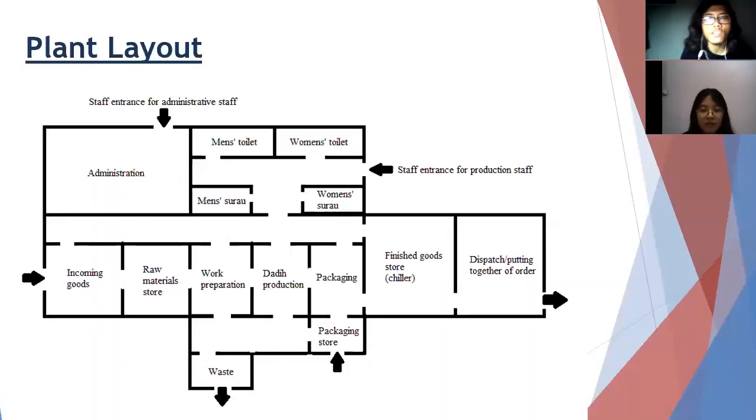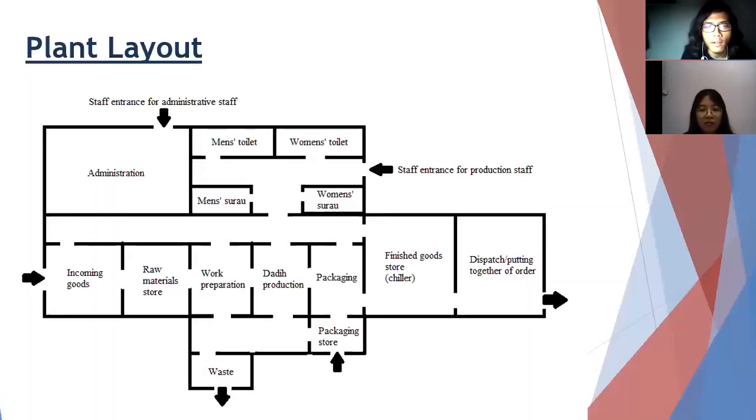After packaging the dade, the dade will be transferred to the chiller, the finished goods store, next to the packaging room, to store the dade in order to lengthen the shelf life of the dade before it is distributed to outside.